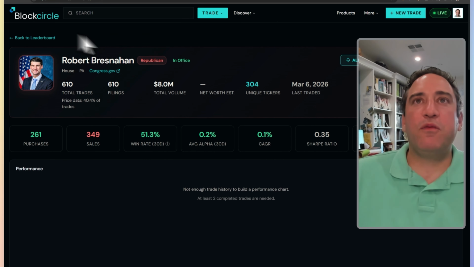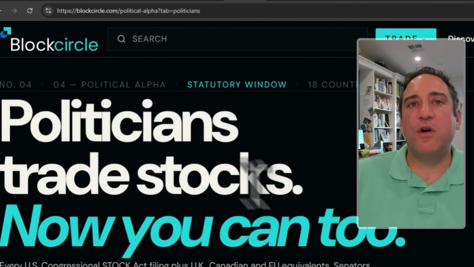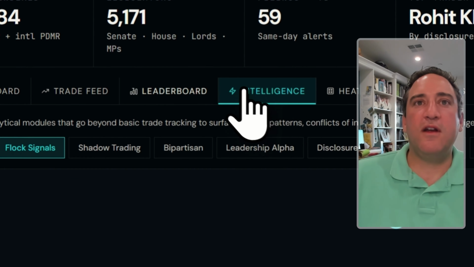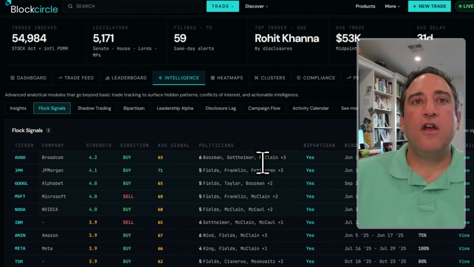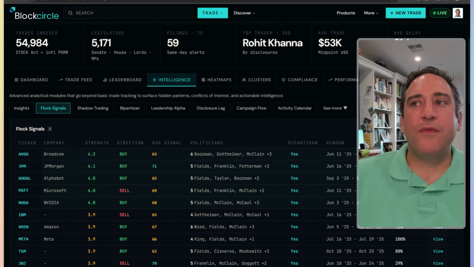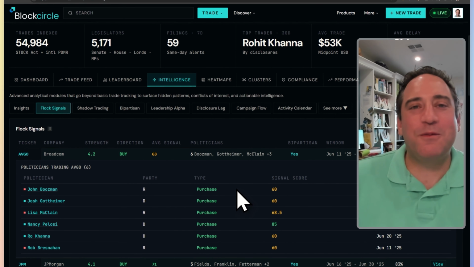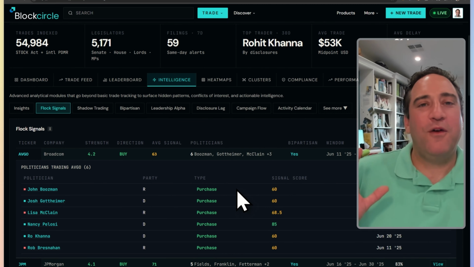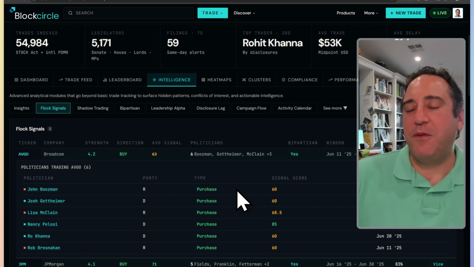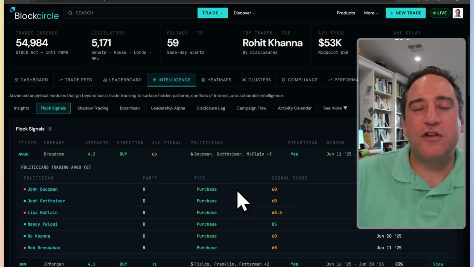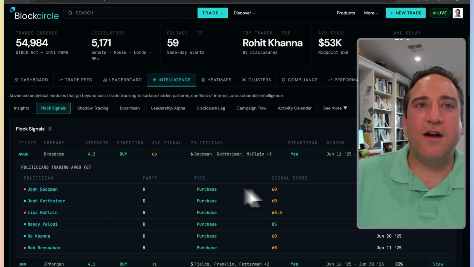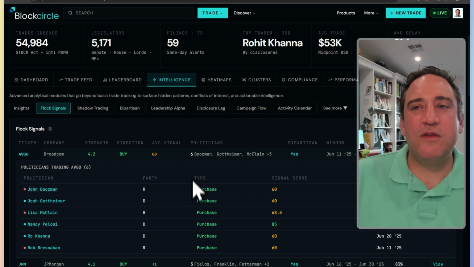So that's really political alpha, and there's so much more. There's flock analysis. If you go to the intelligence tab and go to flock signals, you can see whether there's any potential indication of suspicious insider trading, or people in cahoots, or coordinated, concerted efforts to buy or sell particular stocks, or some kind of pattern where all of them are buying Broadcom within a few weeks of each other, or maybe not.